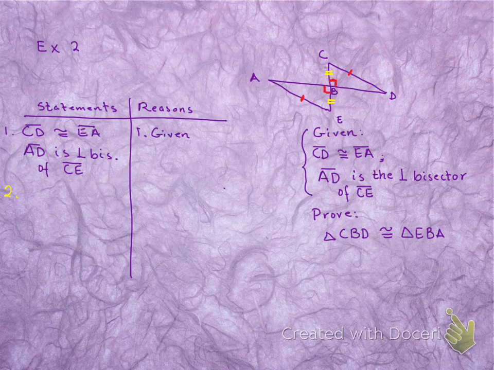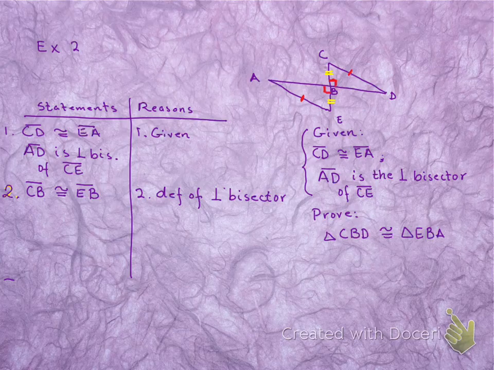So statement number 2, as marked on the triangle, is segment CB is congruent to segment EB by definition of perpendicular bisector.